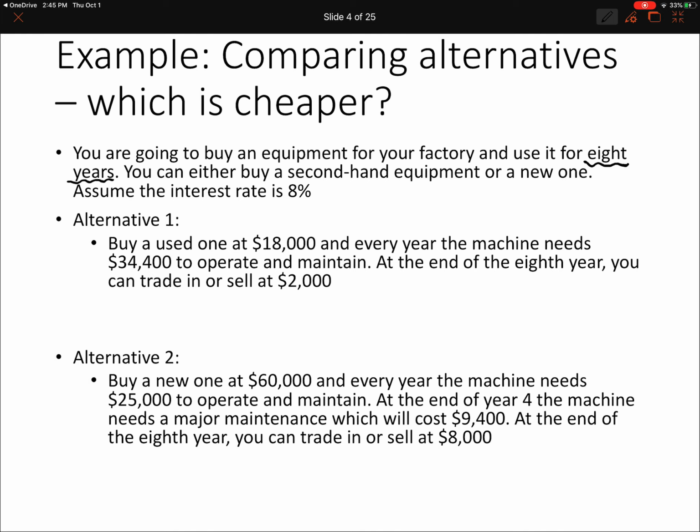Now keep that value in your mind. So you already have a value from option 1, right? That's your true cost. And for option 2, you also need to spend: one cost is the price, second is the yearly maintenance, third, you're going to receive some money at the end if you trade in.